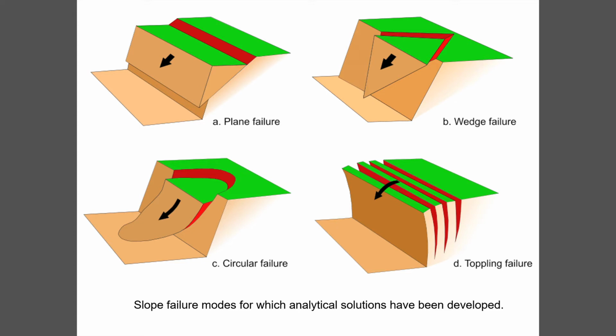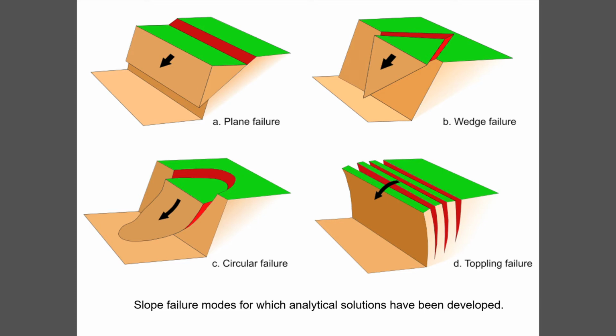The plane failure on the upper left is typical of some types of granitic batholiths where you have sheet jointing and you get sliding of the material overlying the joints on a plane. So it's the simplest type of failure we deal with. The one on the upper right, wedge failure, is more common, where we have intersecting structural features that define wedges, and I'll show you an example of that in a moment.